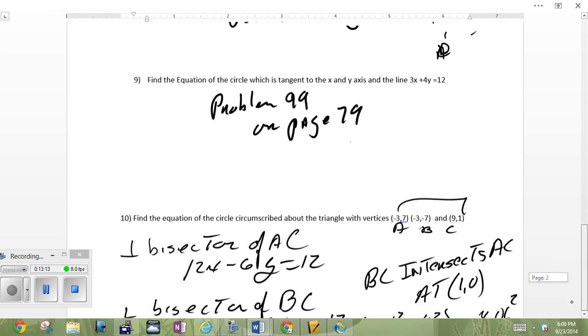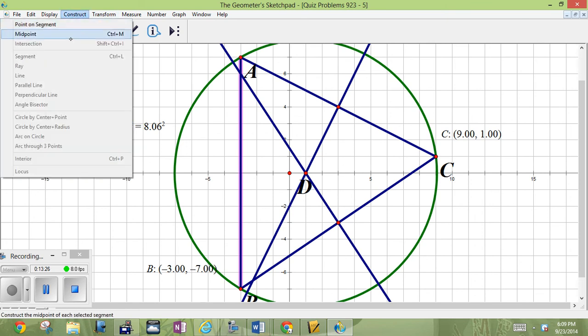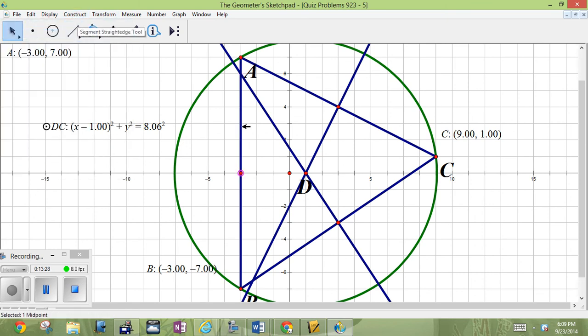Not saying that you shouldn't have been able to do that by hand. Actually, going by hand would have been a little easier, because the perpendicular bisector of this side, of course, is the y-axis, so that would have streamlined things a little bit more.